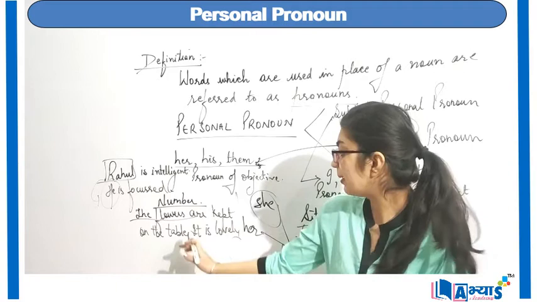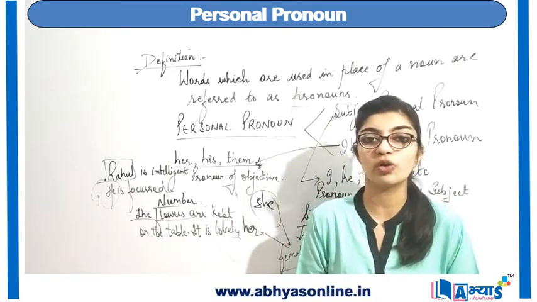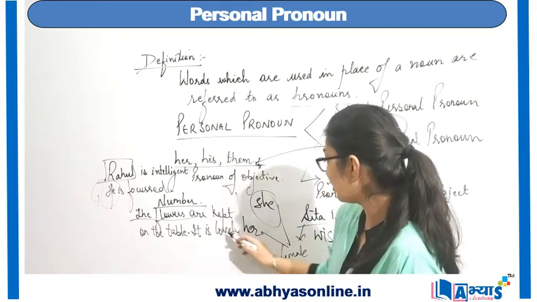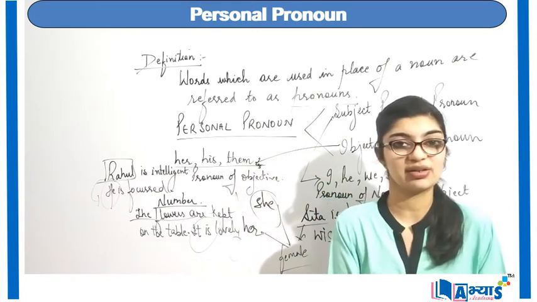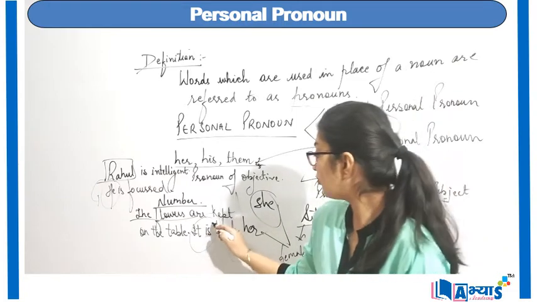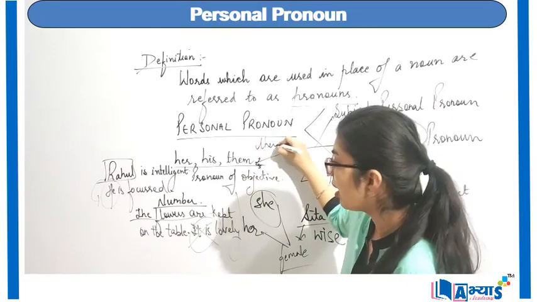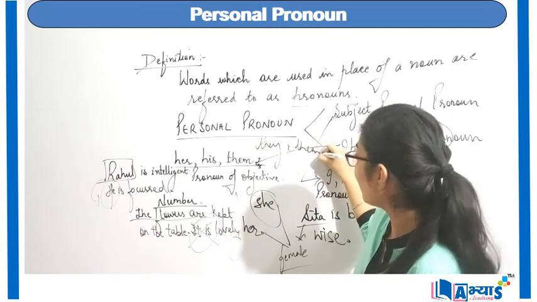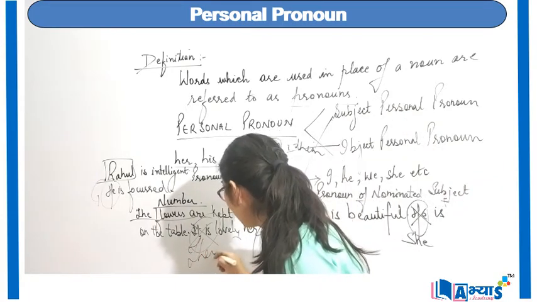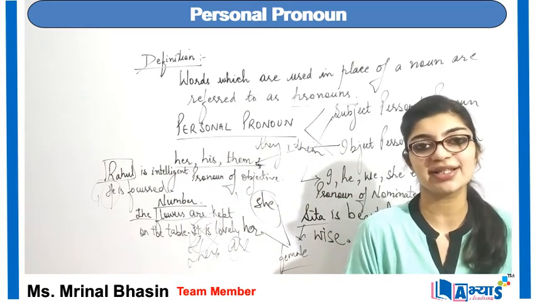That is not defined, but we know that flowers is plural. Now for the plural form of noun, we will always use plural form of pronoun. But here I am making use of the pronoun it. Now it is used for singular. Therefore again my sentence is wrong. For flowers, for plural, I will always be using they or I will be using them. So here I will say they are lovely, which makes my sentence complete.